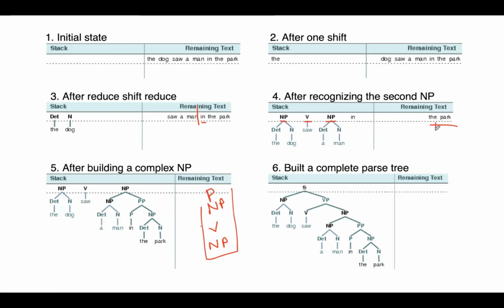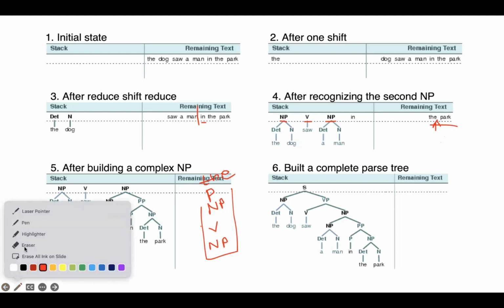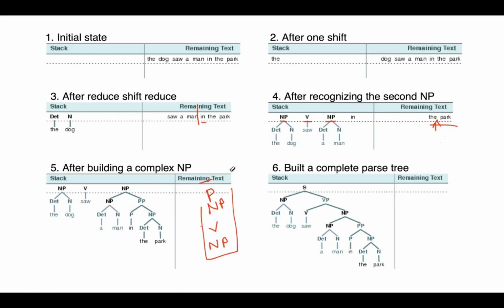Next, read the next input word, that is the. Push the onto the stack. The can be replaced with determiner, so during the reduce operation, remove this the and replace it with determiner.